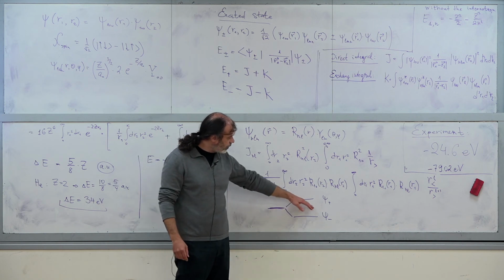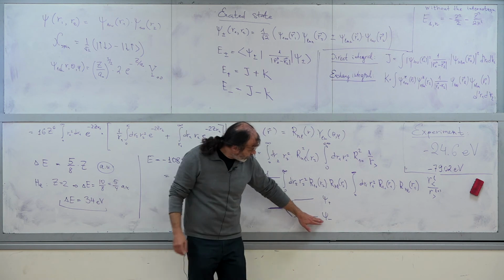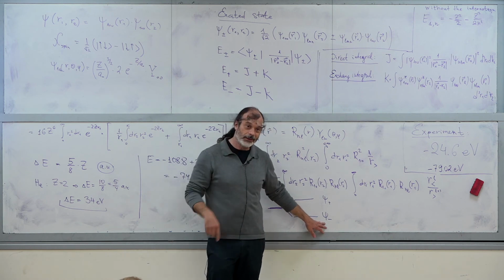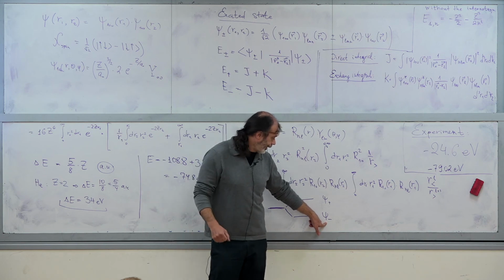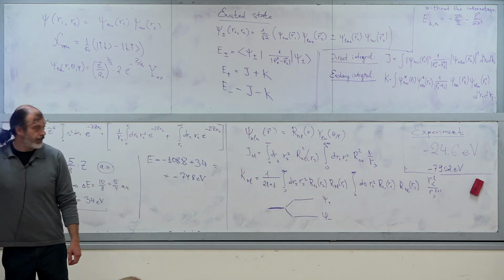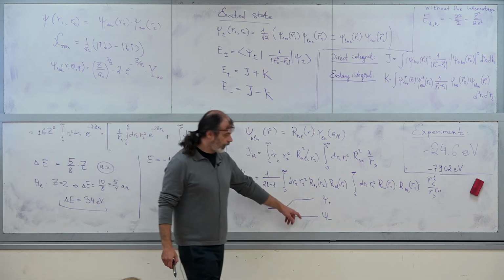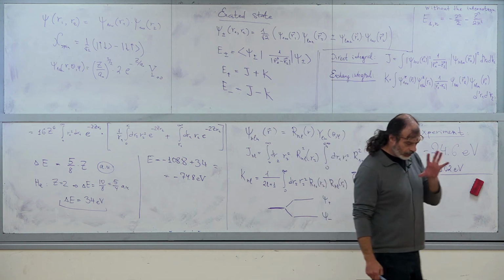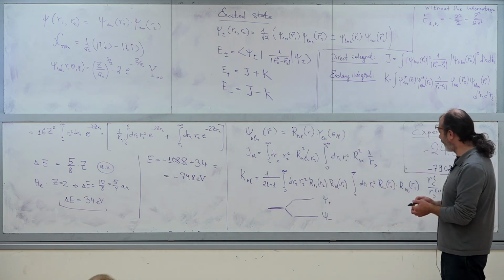One corresponds to a symmetric spatial wave function, one corresponds to an antisymmetric spatial wave function. Now, as we saw before, we have to remember that our total wave function has to be antisymmetrized.